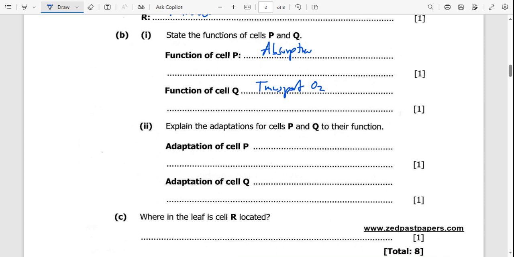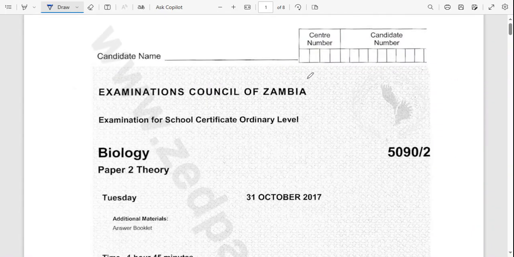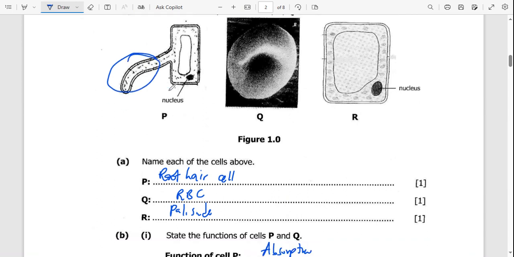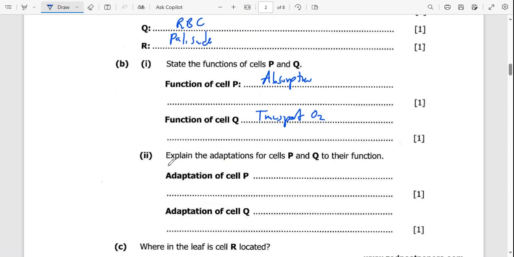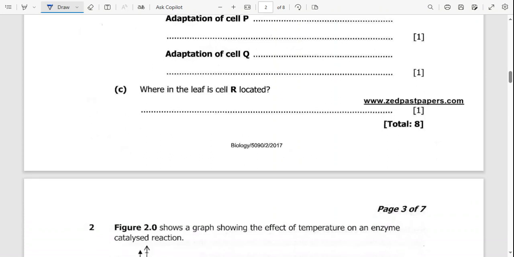That elongation, known as an elongated outgrowth, is going to increase the surface area for absorption. That is for P, the root hair cell. The elongated outgrowth increases surface area. And how about Q, the red blood cell? It lacks organelles, and that increases space for the transport of oxygen.